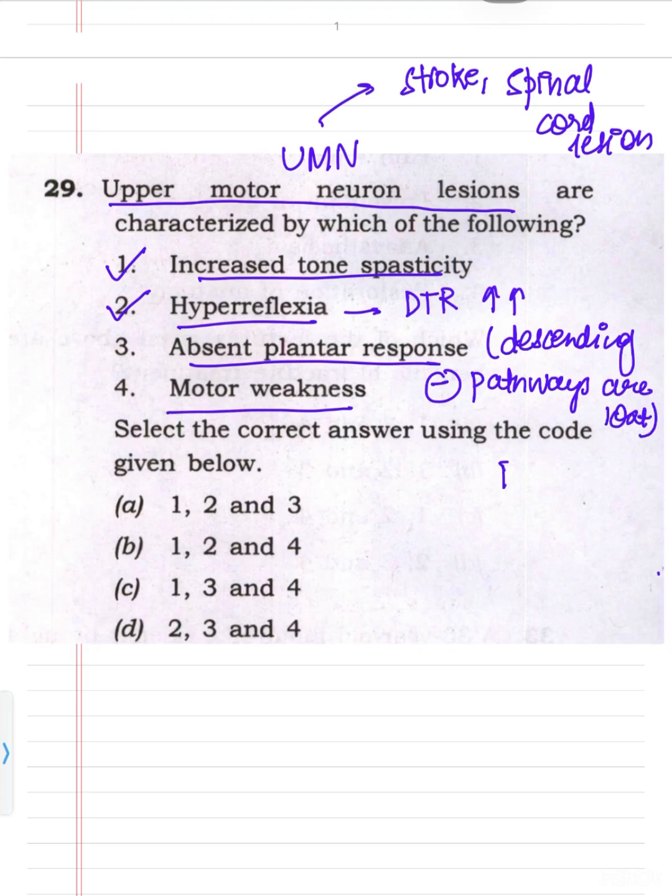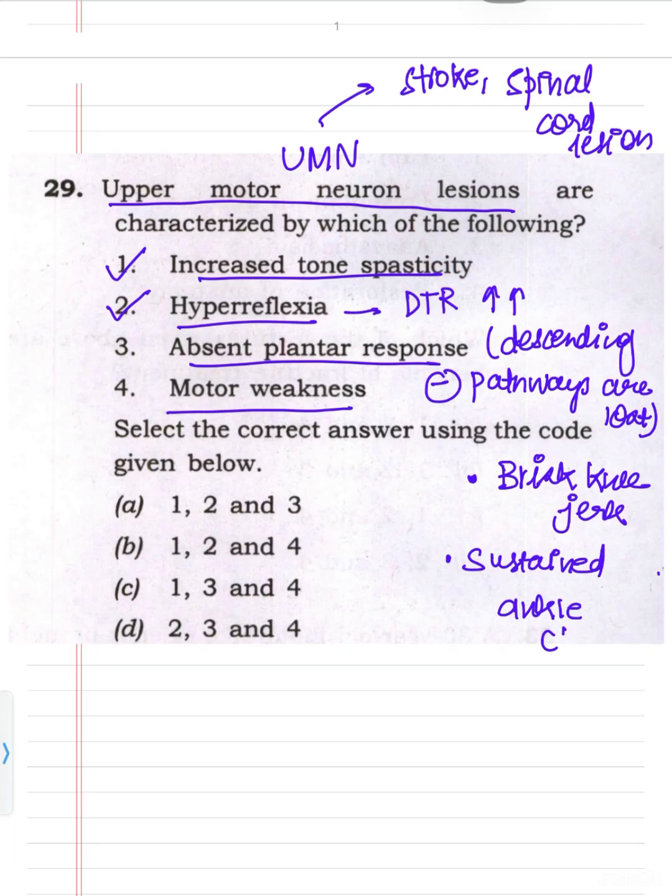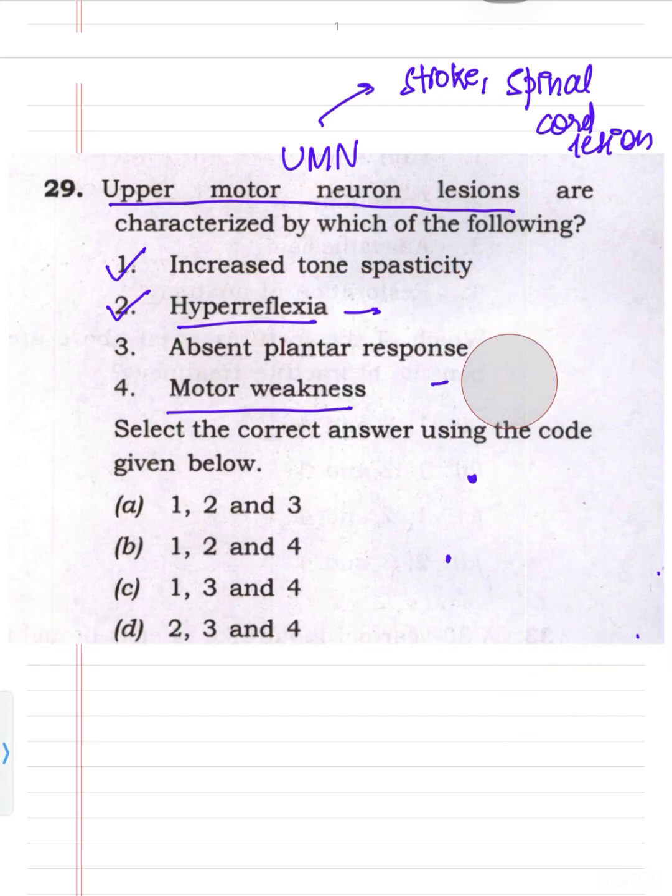So there will be brisk knee jerk and sustained ankle clonus. So the second option is again true.